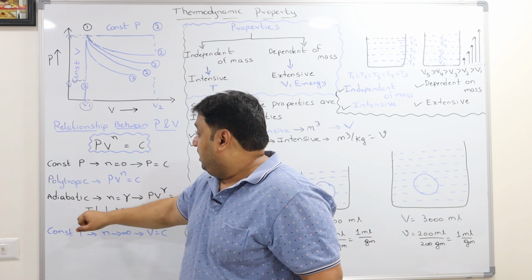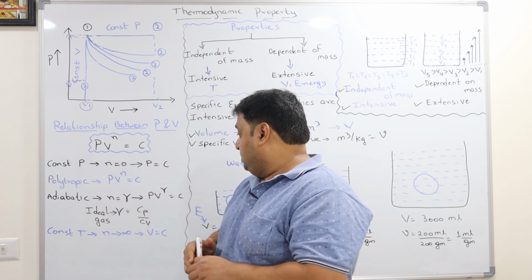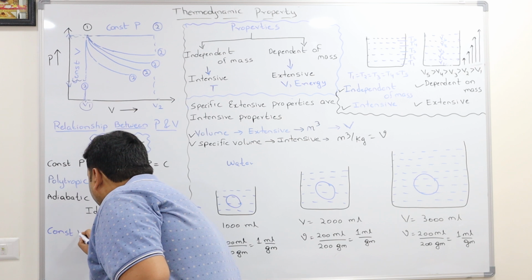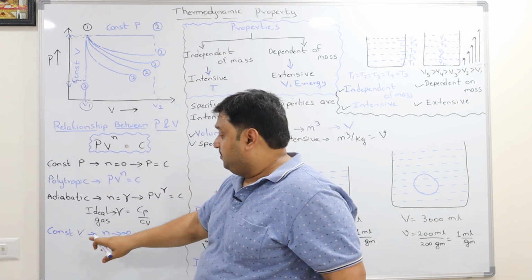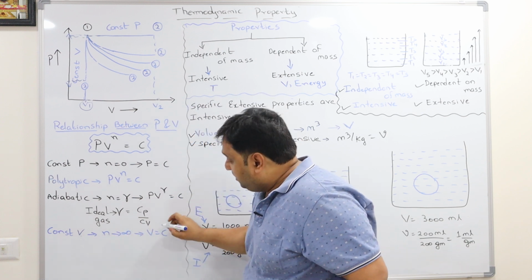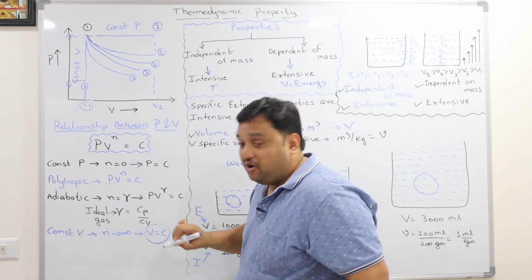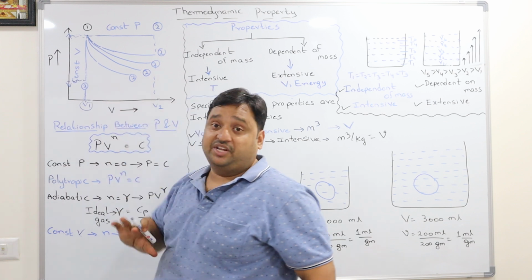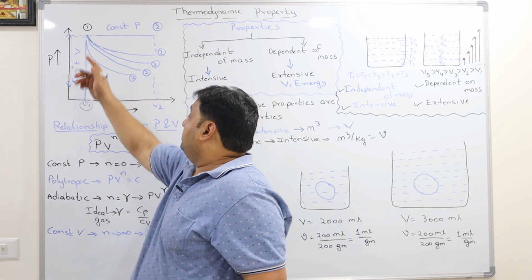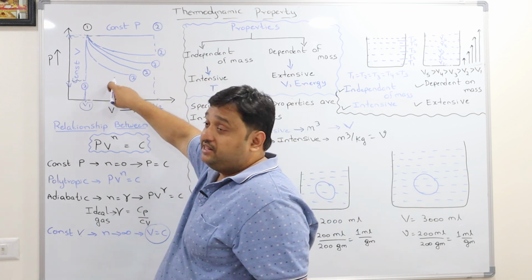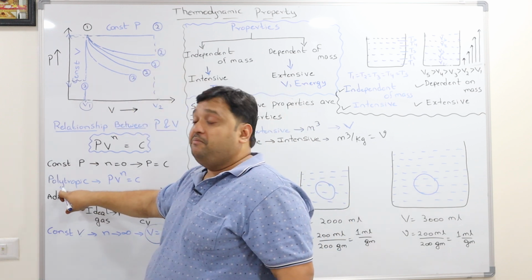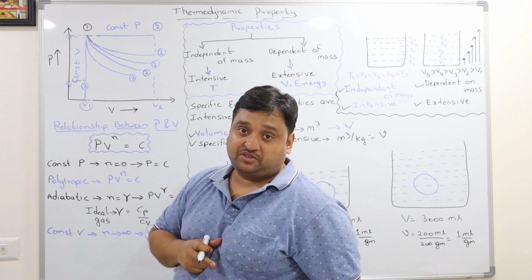If you put n = infinity, don't worry about how the equation has come, for a constant volume process the equation is V = constant, because here the volume is not changing. Here the pressure is not changing, that is why P = constant. In between these, we name it a polytropic process.